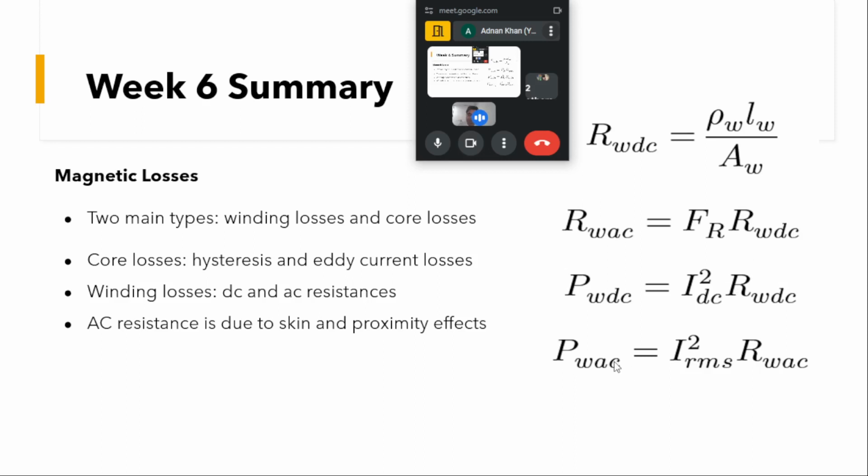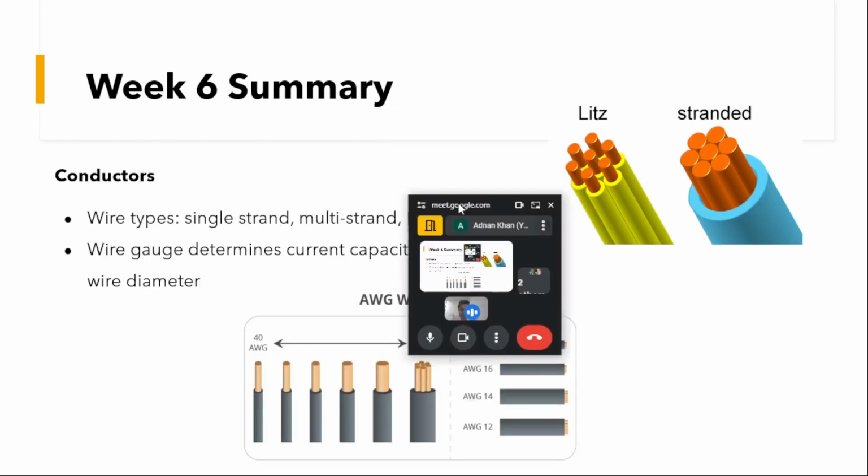And for the AC loss inside the winding, we'll have to calculate the RMS current flowing through the winding, and the loss associated with the AC will be the root mean square of that current squared into the AC resistance, which, because of the proximity and skin effect, will be higher than the DC resistance. So this was about the losses in the winding. Now we shall see about different types of windings.